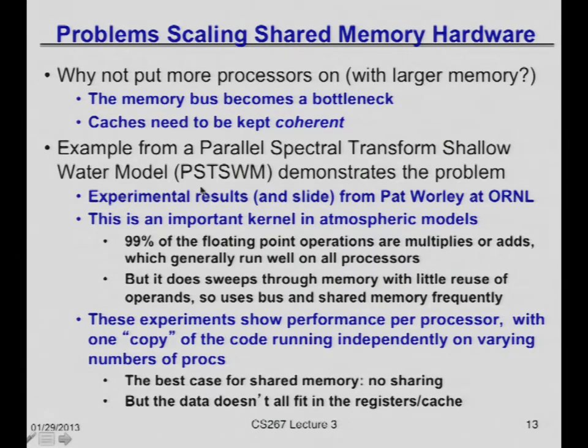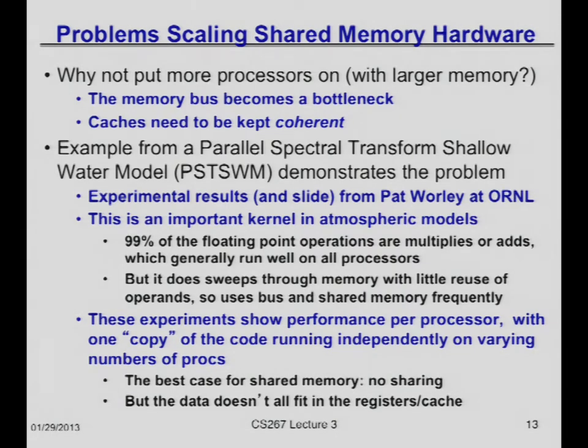Let me just run a little experiment here. This is taking a climate code, a very simple one called a shallow water model, and running it in the most embarrassingly parallel way possible. I'll have the data on the next slide. All I'm going to do is take a bunch of copies of it, and each processor is going to be running its own subset of the data. In fact, it's just a copy of the same program.